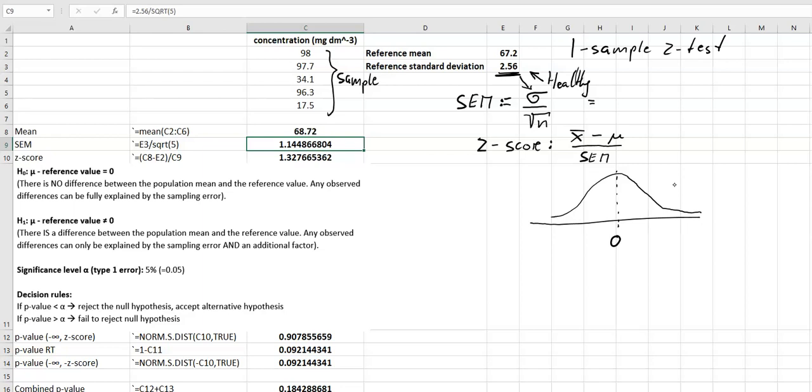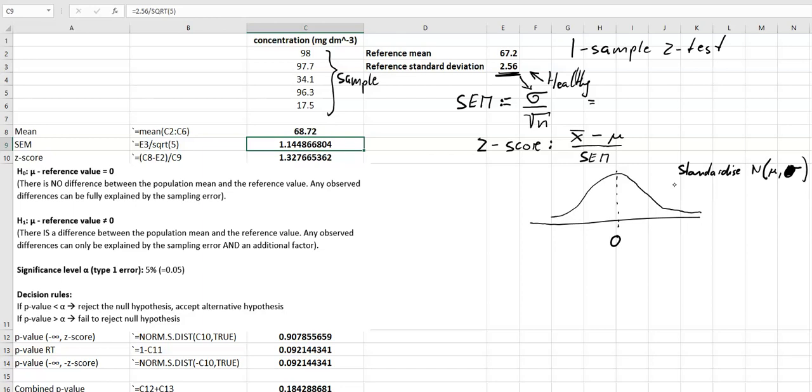And so that is a standardized normal distribution around the mean of 0 and a standard deviation of, let's put it as a standard deviation here. So that's our standard deviation.